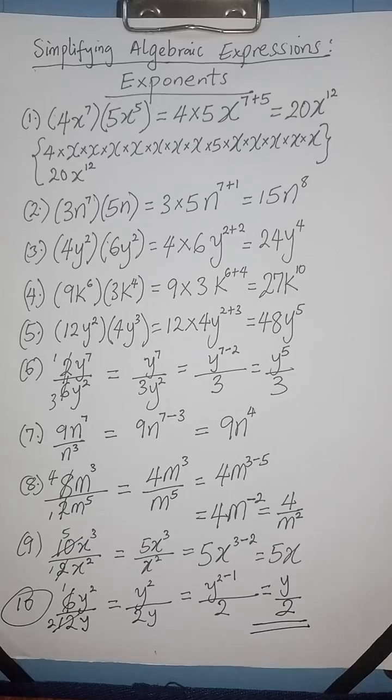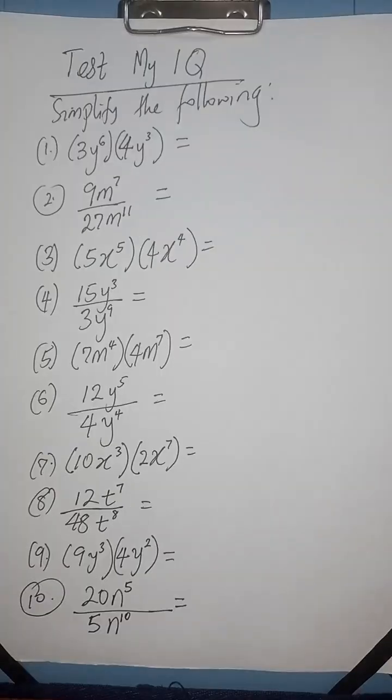So it's quite easy for us to simplify algebraic expressions that have to do with exponents. Okay, it's time for you to test your IQ on these questions. Number 1, you're going to simplify the following. Number 1 is 3y raised to power 6 in brackets, 4y raised to power 3 in brackets.